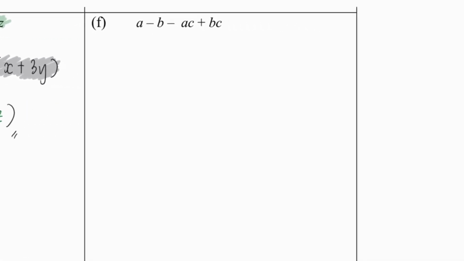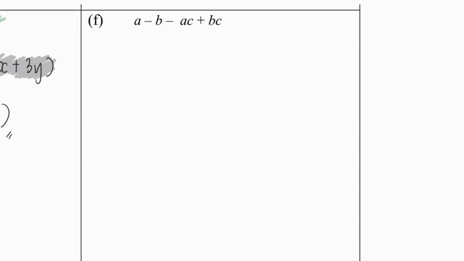And the last example for this part of the video, a minus b. Oh, there is no common factor. But wait a minute. In the green color group, there is a common factor c. When I take negative c as the common factor, I'm left with a minus b. Oh, this is important. Why is there a minus?